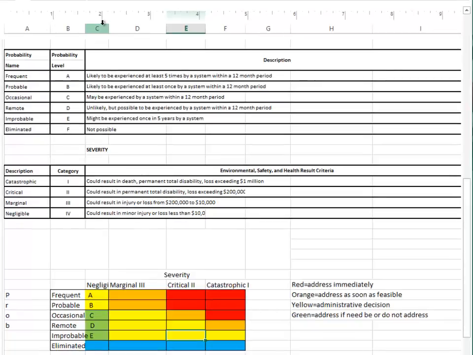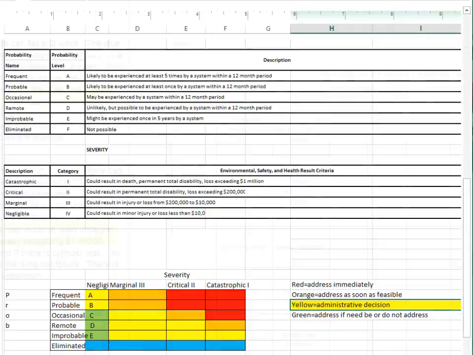Let's look over here. Yellow is our area in which administration has to make a decision about whether or not they want to fix it. Now, that means that it's not utterly critical. It just means that our administration needs to think about whether or not they're going to fix it. So let's keep in mind 2E.